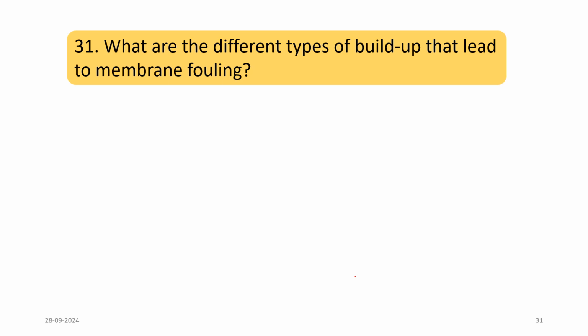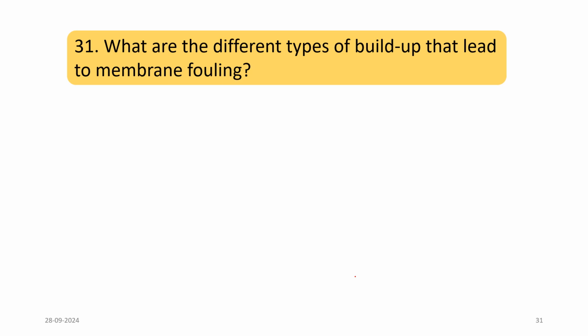Obviously, if the cake has very high thickness on the filter, then the pores will be inadequate and inefficient to clear the incoming feed. The first one is pore narrowing.